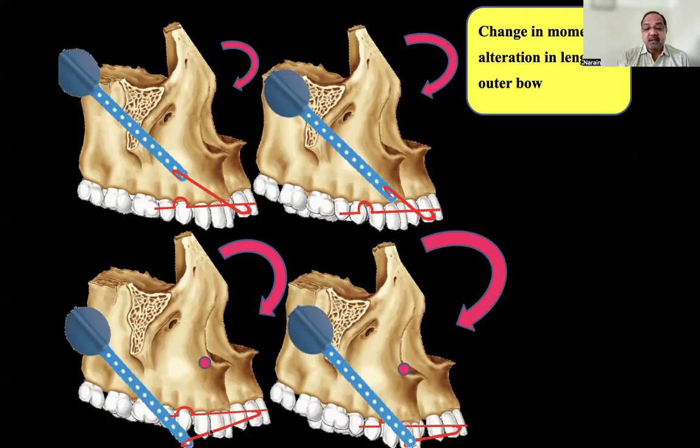Here it is long, here it is short. It is increasing the distance from the center of resistance, so you have a larger moment. So you can, by altering the direction of the outer bow, by even altering the length of the outer bow, you can have different moments. You can have larger moments.